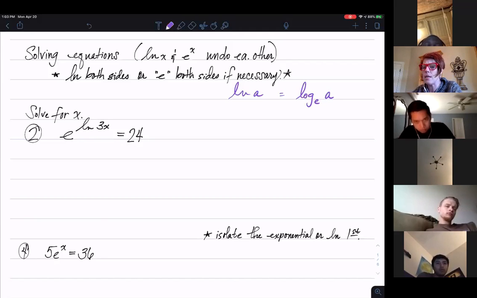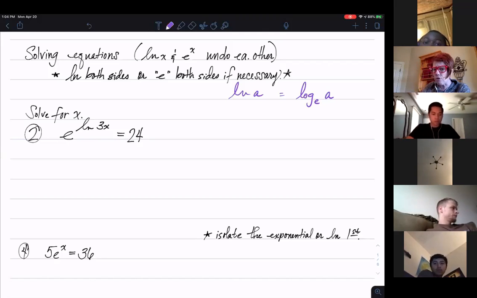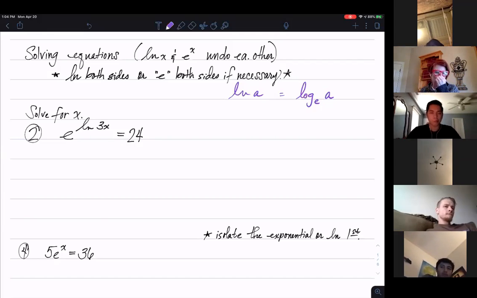It's just got a base e to it. So the base e on the log is going to undo the base e on the exponential. That's one thing to keep in mind, that they're always going to undo each other. Secondly, one of the things that I always tell my Math 110 students, and I'm actually going to give you some Math 110 rules here in just a moment.